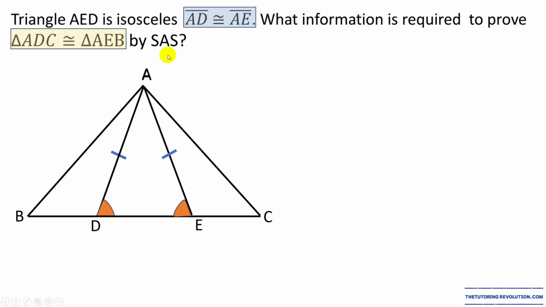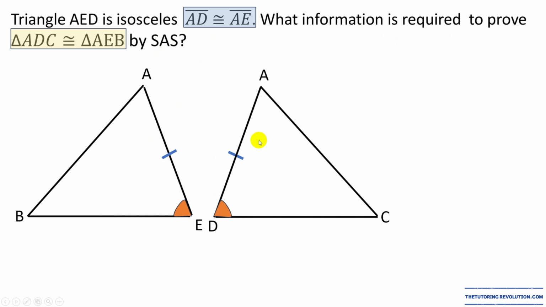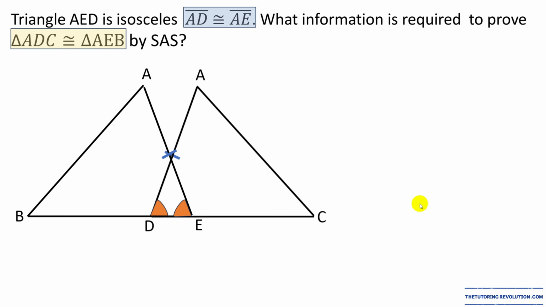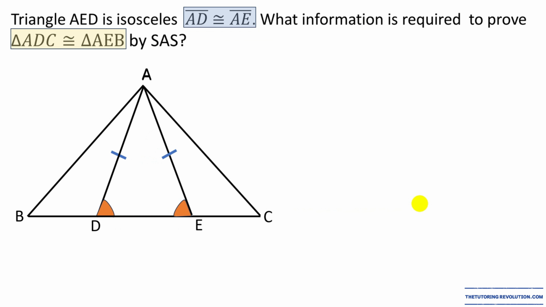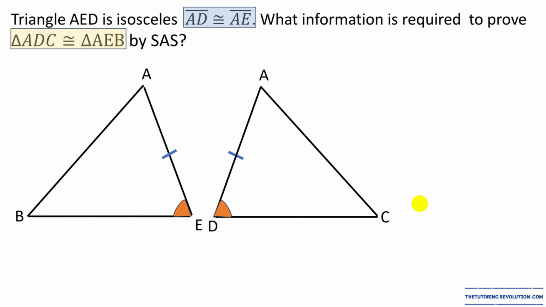So to analyze this problem, we're going to split or separate these two triangles. Okay, so again, I'm going to take these triangles and separate them so we can visualize this better. Now, we have the triangle ADC on the right and the triangle AEB on the left.